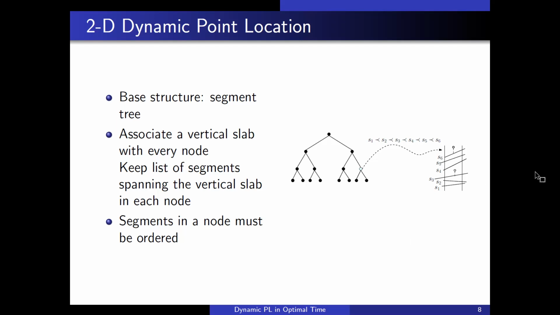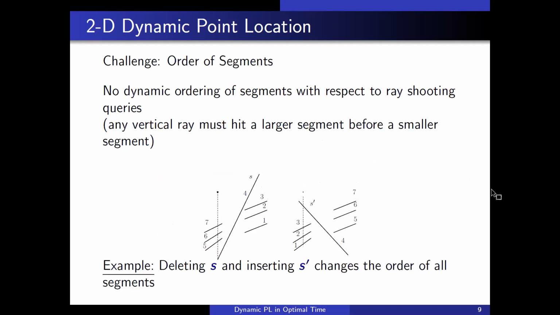use this general scheme. The reason why it is so difficult to solve is because we cannot maintain a global order of segments. So for example, here's just a small example to explain what I mean by maintaining global order. When we maintain an order, it should respect the vertical ray shooting queries.